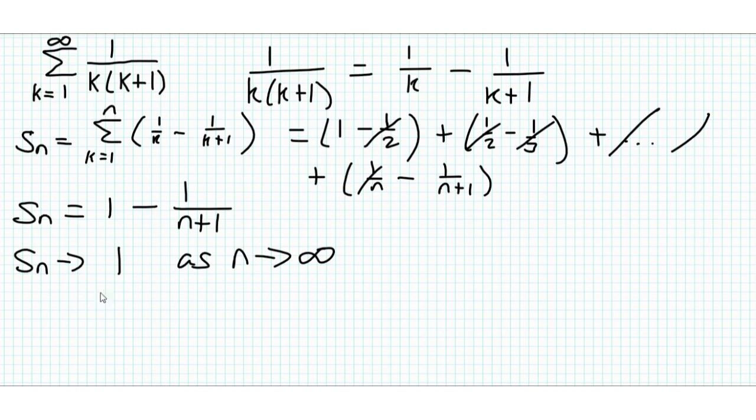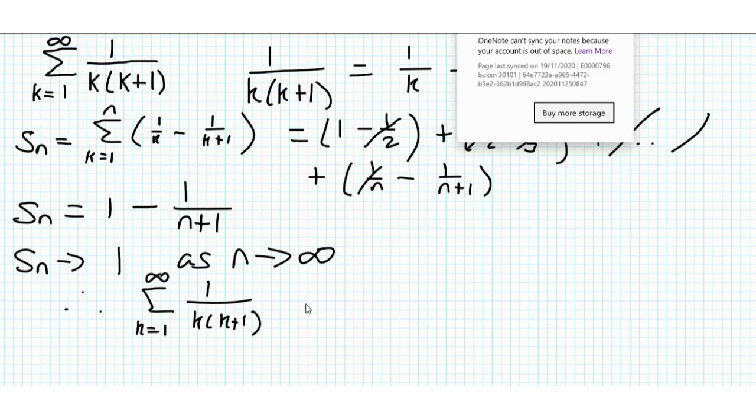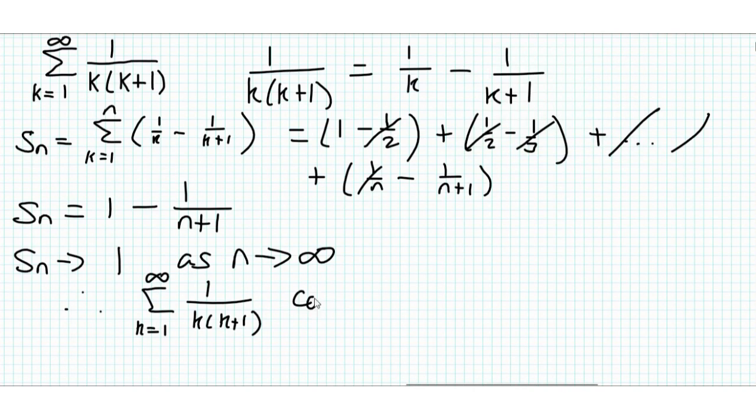Okay, and therefore our infinite sum from k equals 1 to infinity of 1 over k times k plus 1 converges to 1. Okay, so hopefully this example helps you get your head around the idea of the partial sums.